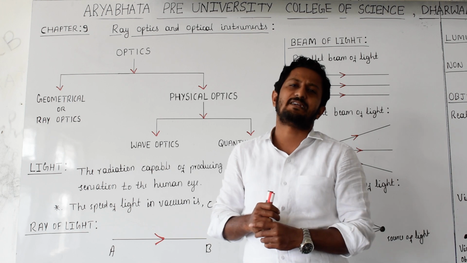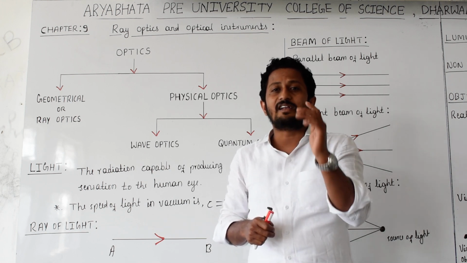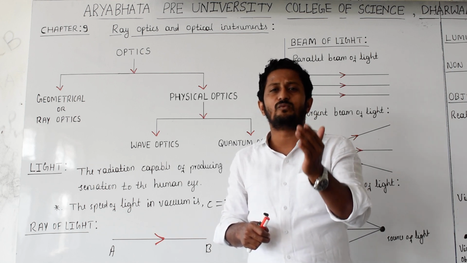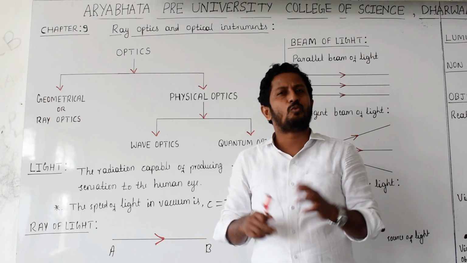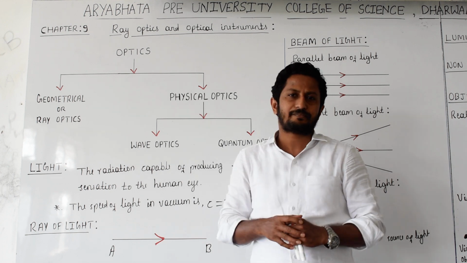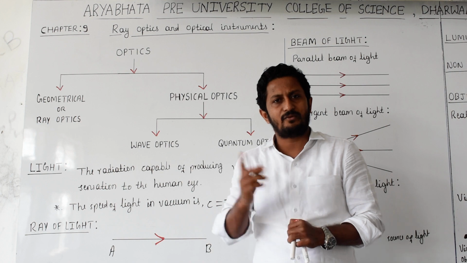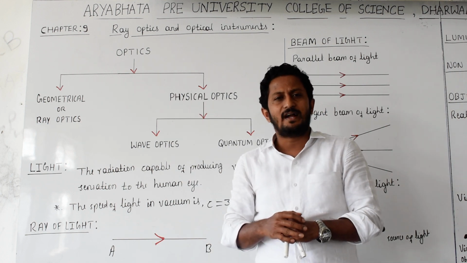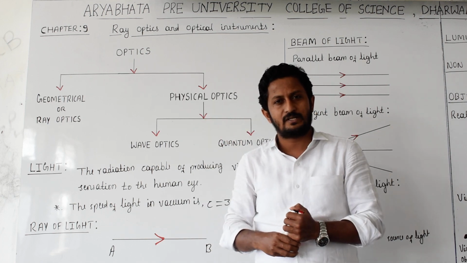I already said light is a radiation which is capable of producing visual sensation to the human eye. What exactly is happening? The sun emits the energy that we call light, which propagates through this universe and falls on all the objects.